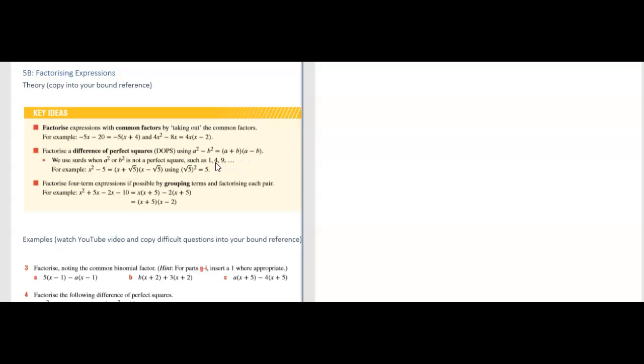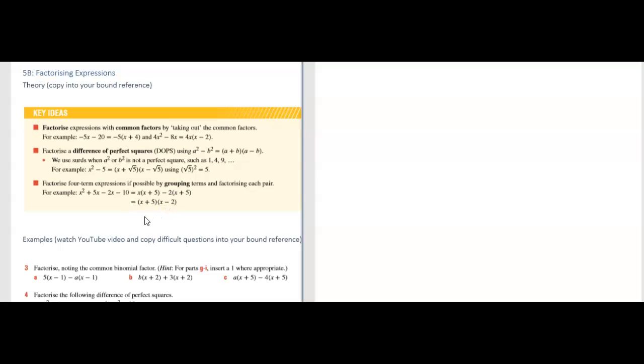Remember your perfect squares: 1, 4, 9, then 16, 25, and so on. You can do the same thing, but turn it into a surd. So x squared minus 5, because 5 isn't a perfect square, you just turn it into a surd: root 5 and root 5, knowing that root 5 squared is equal to 5. It might make more sense once we start doing some questions.